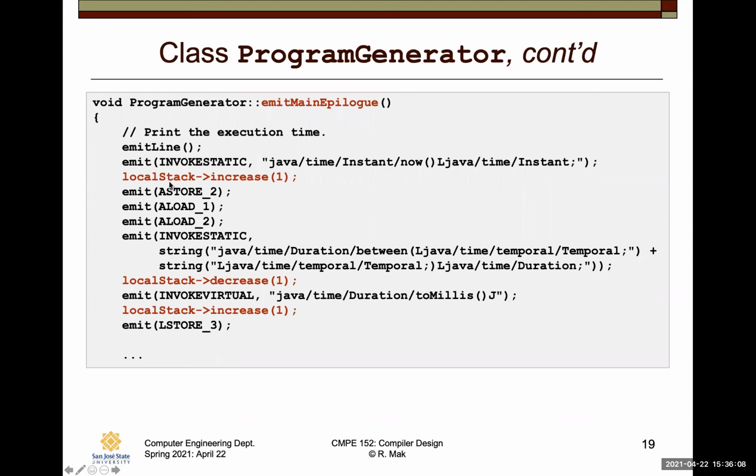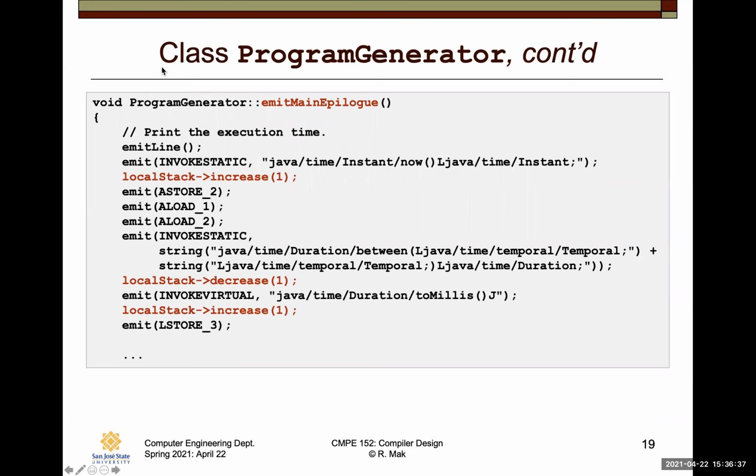Now you may have noticed these local stack increase and decrease calls. Remember, local stack is keeping track of how tall the runtime stack will ever get. I know that certain instructions will increase the stack size because they push values onto the stack, and certain instructions will decrease the stack size because they pop off values.